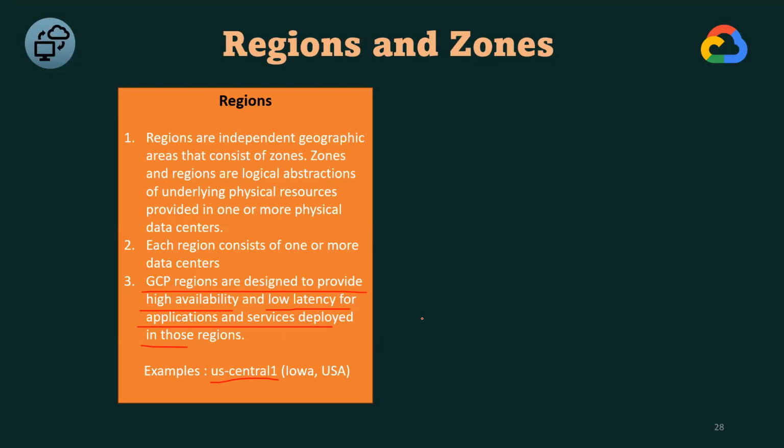Each region is a collection of zones, which is a collection of machines, a collection of data centers. And the main importance of regions and zones, why they are designed this way, is to provide you high availability and low latency for your applications deployed in the Google Cloud platform.